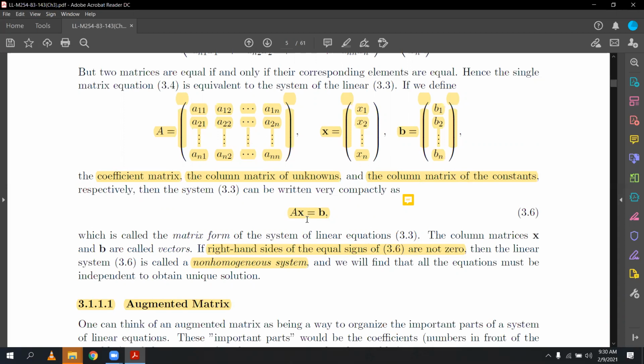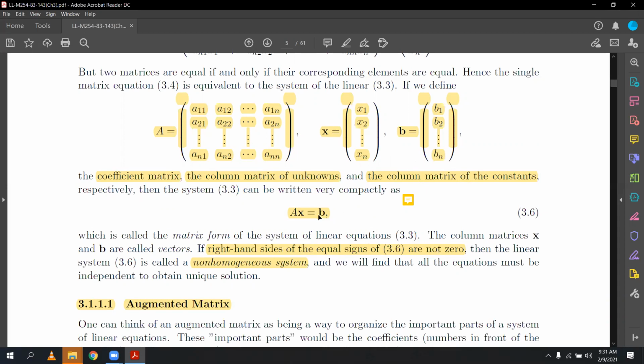Now what we do here is put conditions on A and B, because your solution depends on A and B, to guarantee a unique solution.